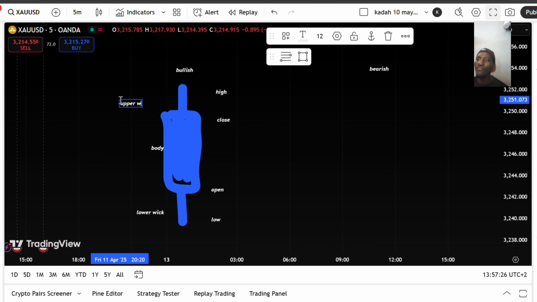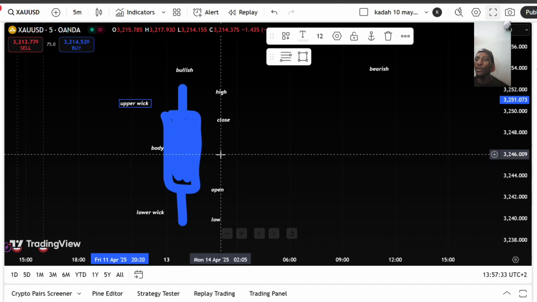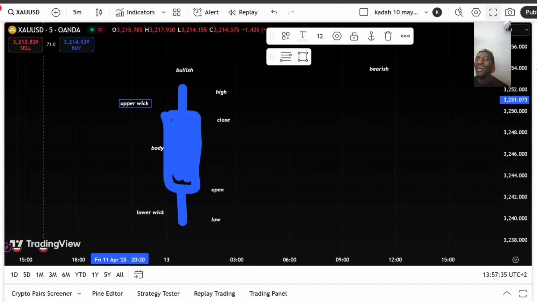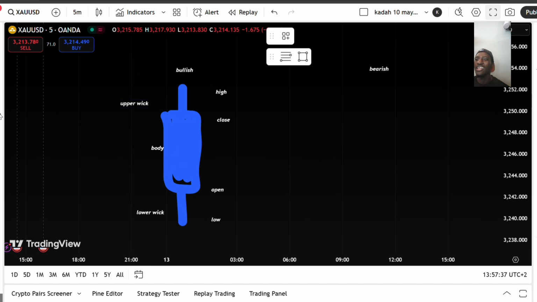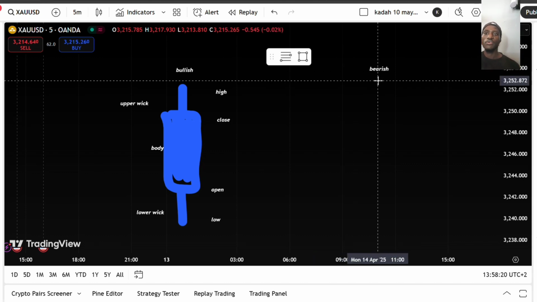So that is the anatomy of a bullish candle. It opens, it creates a low, it creates a high, then it closes. All right, now moving on to the bearish candle.